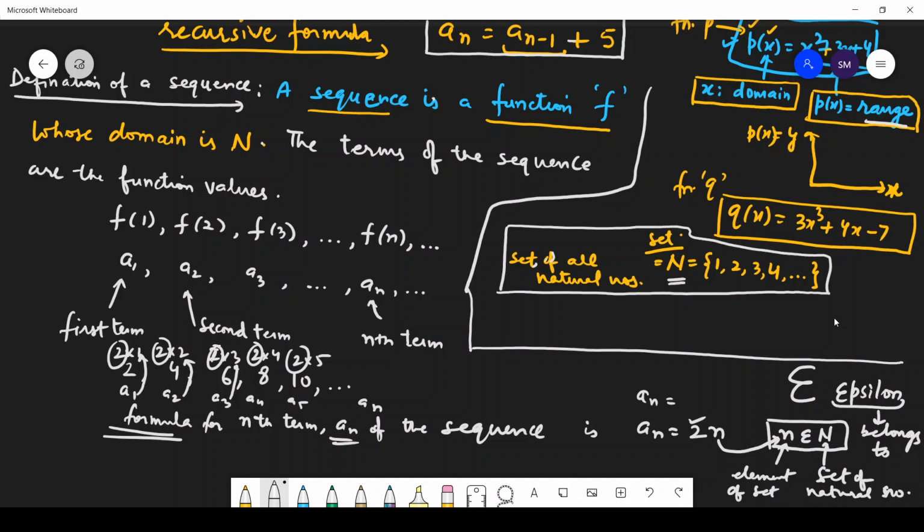These are very simple terms, but as you are studying them for the first time, they might look new to you. But when we use and repeat these again and again, they will look much simpler for you students. And as the recursive formula, you can write an equals an minus 1 plus 2. So that's your recursive formula, right?